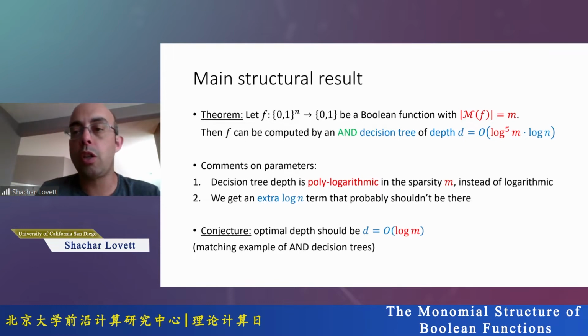And really what I conjecture is the right bound should be order log m, because that would actually match the example of AND decision trees. If order log m would be the right answer, then this would give a match in upper and lower bounds up to constants. And this would also help us improve some of the applications that I'll get to in a minute. Okay, but this is the main result.